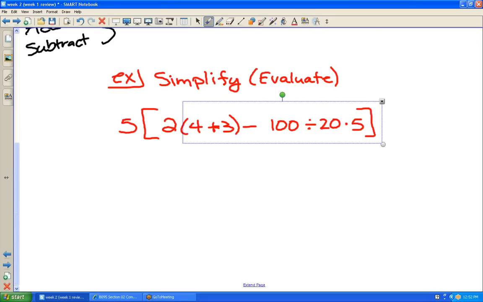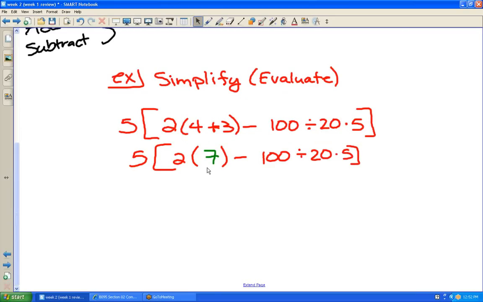Okay, so 4 plus 3 is 7. Now, if you're kind of crazy and want to see everything that you did, I literally leave everything else, only because I'm crazy. Okay, and notice how I left those parentheses right around that 7.